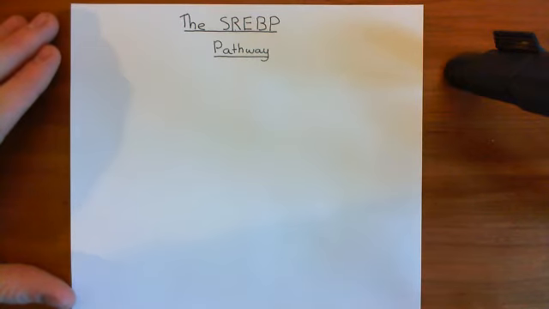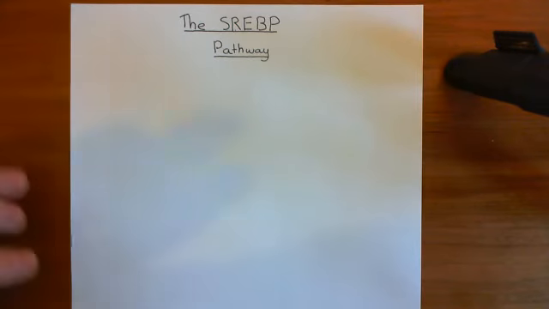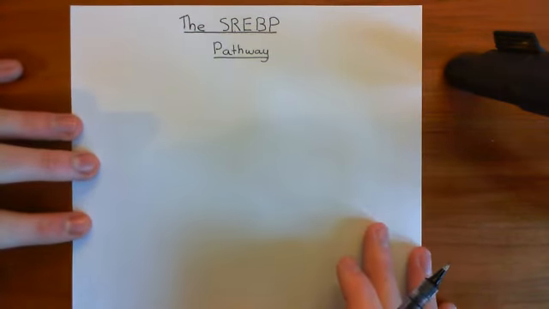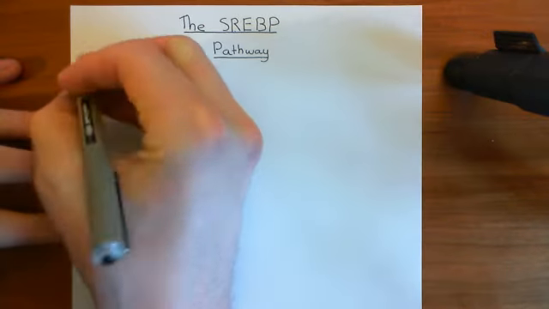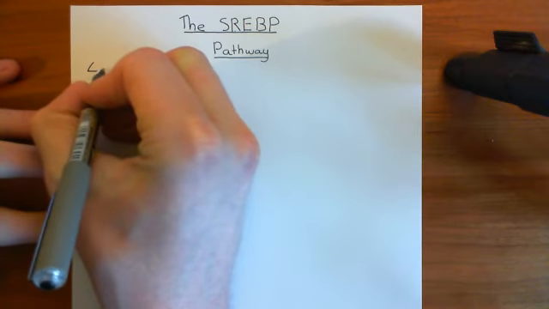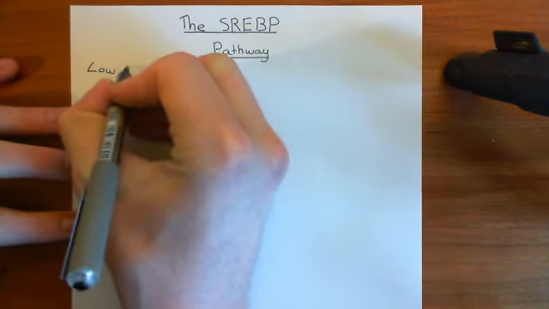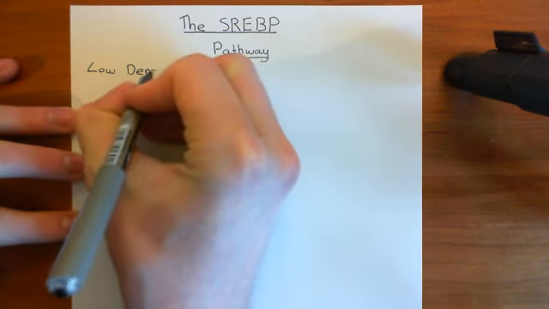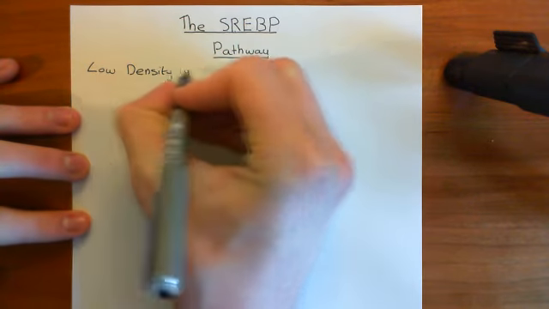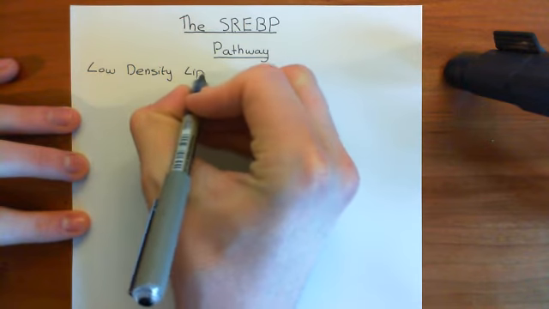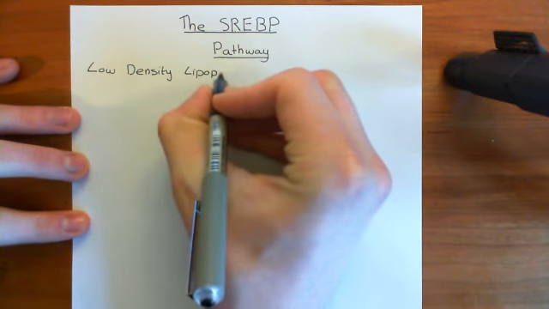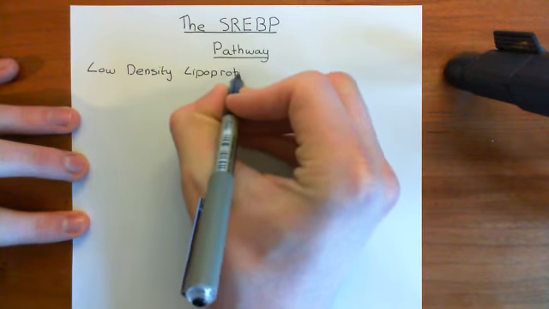Okay, so I'm going to start with the absorption of LDL molecules via the LDL receptor. So we'll start off with what actually is an LDL molecule. LDL stands for low density lipoprotein, and basically these are little spheres of lipids which can transport lipid molecules around the bloodstream.